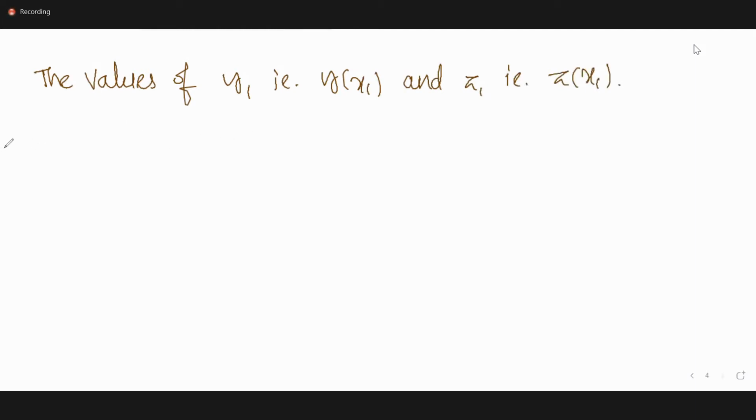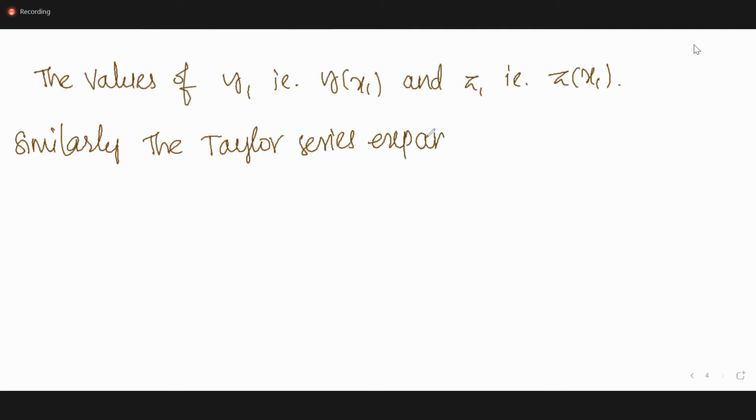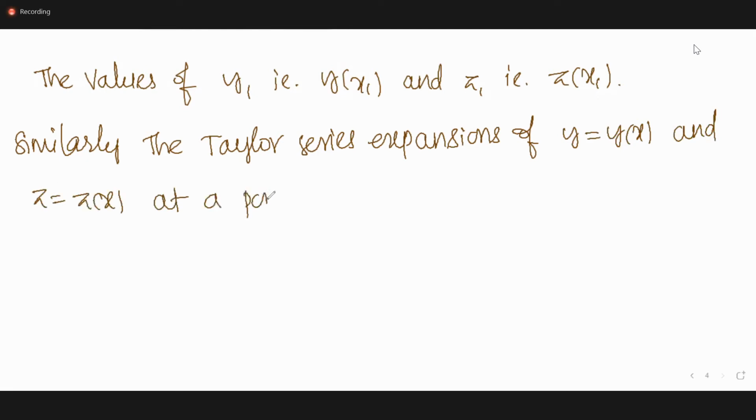Similarly, the Taylor series expansions of y is equal to y of x and z is equal to z of x at a point x is equal to x2.